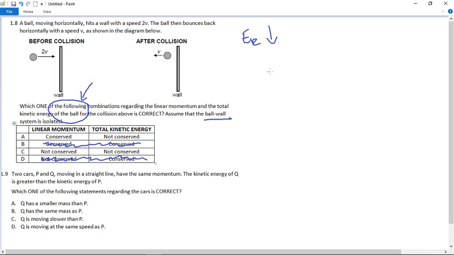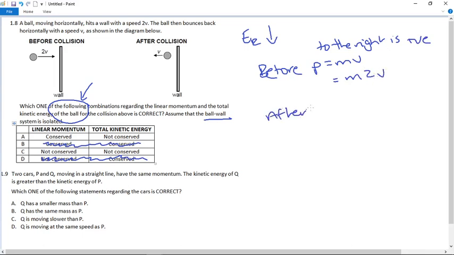So if we look at the ball before the collision, P equals mv. Momentum is a vector. So if we say to the right is positive, before the collision this is going to be m times 2v. After the collision, it is going to be minus mv.